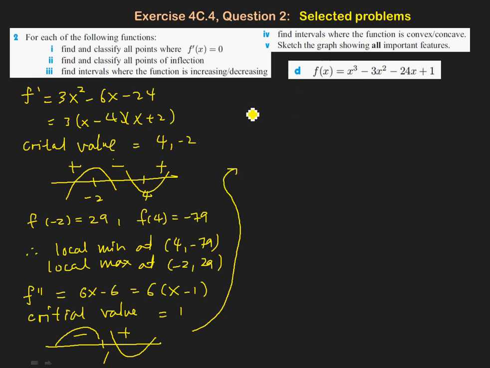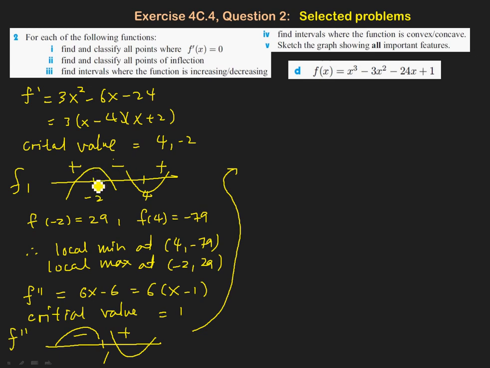So now find the intervals where the function is increasing and decreasing. This is fairly easy. Just refer to the f prime sign diagram, and remember this is the f double prime sign diagram.